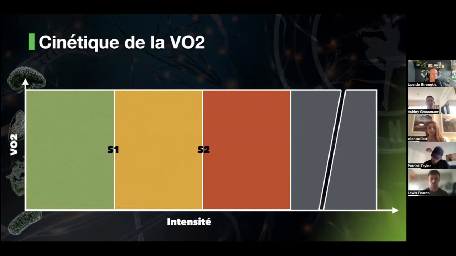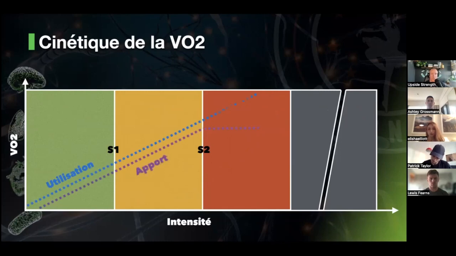If we look at the VO2 kinetics, so how oxygen consumption evolves in those different domains, essentially the important thing to understand to begin with is that VO2, so the utilization of oxygen, goes up linearly with intensity. So that blue line describes how much oxygen you utilize as you go farther into the intensity spectrum.